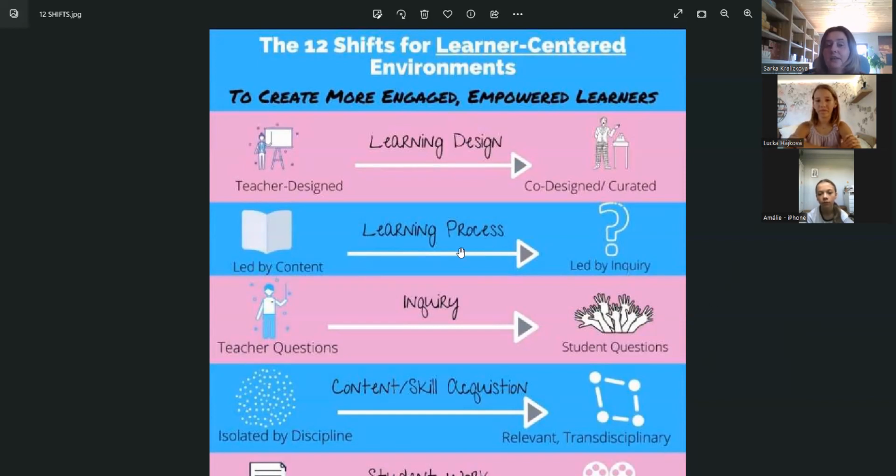So the second one is the learning process. It was led by content, and now we are trying to make it led by inquiry. I think it's like that. Before it was ruled by the textbooks, and now it's supposed to be ruled by the students, that they have to figure out things by themselves.